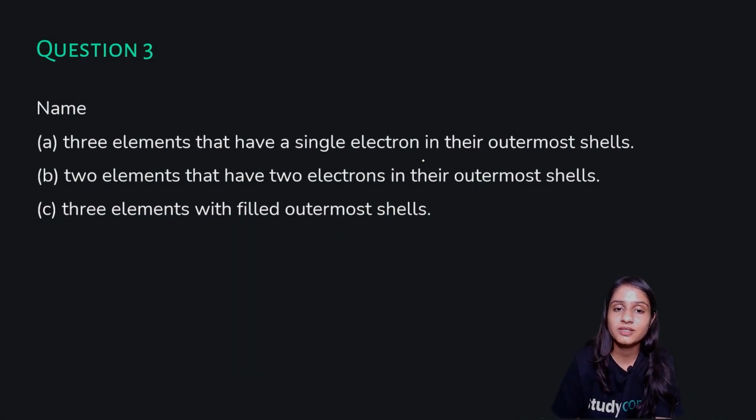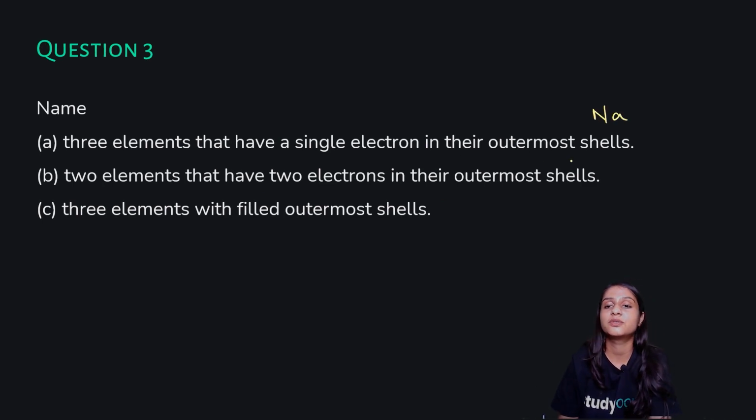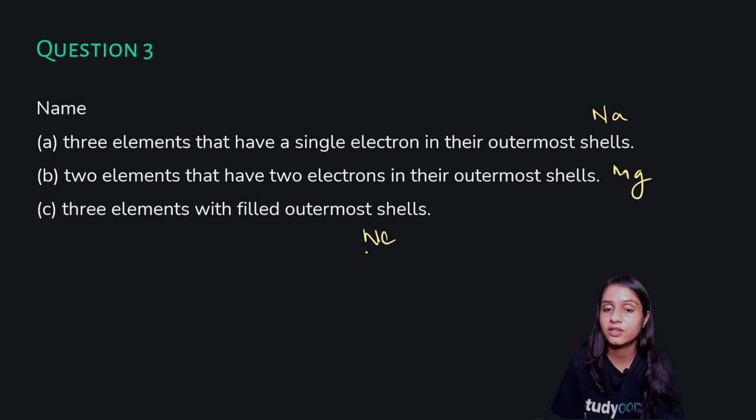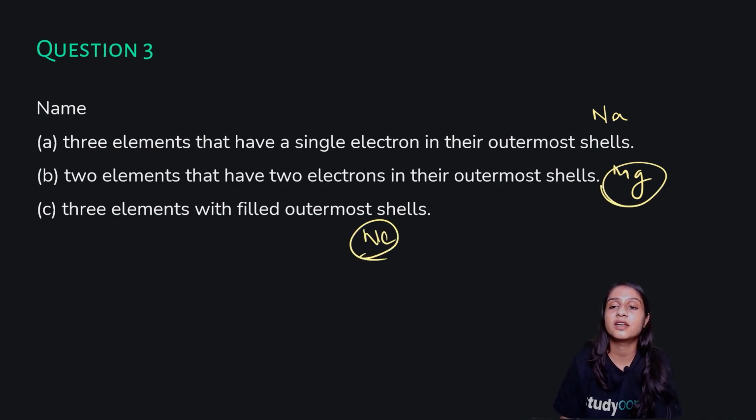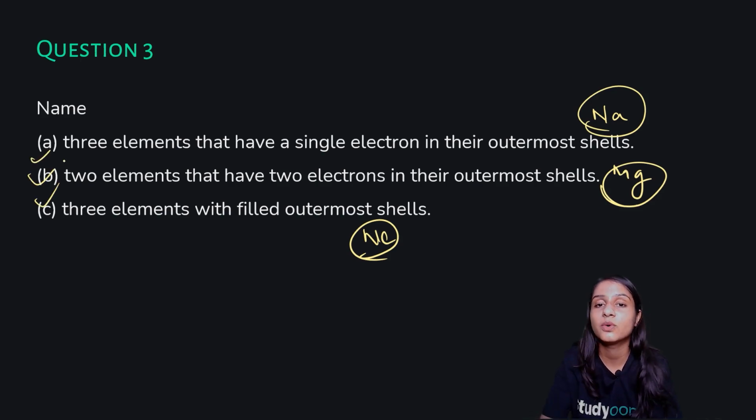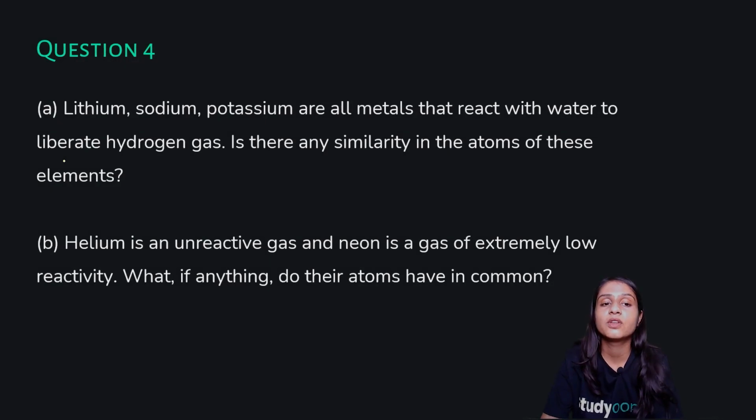Name three elements that have a single electron in their outermost shell: Na, two electrons: Mg, three electrons, filled with neon. You will understand that as soon as you practice these one-word questions. Okay. Lithium, sodium, potassium are all metals that react with water. Is there any similarity in the atoms of these elements?